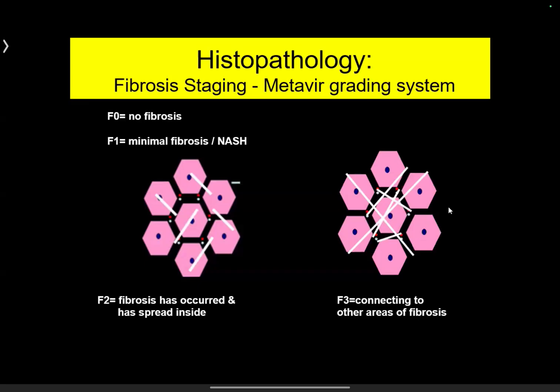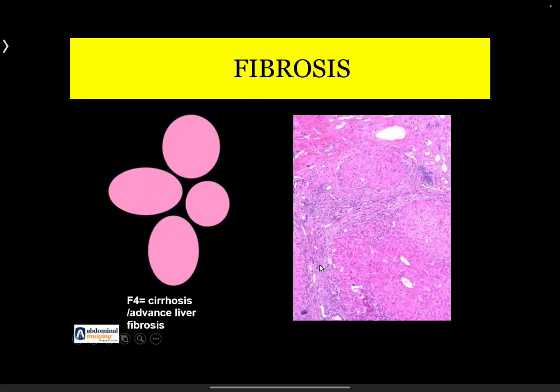There's the start of advanced fibrosis, because if it is not controlled at this stage, it will progress to a stage like this, where there is a lot of established fibrosis in the liver.